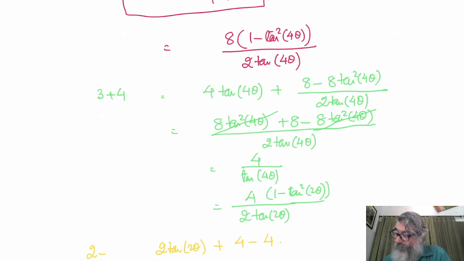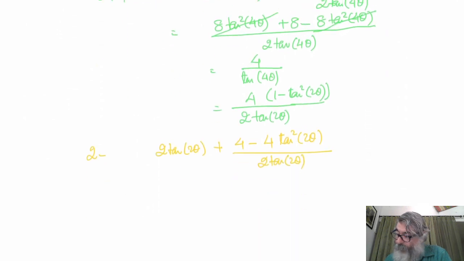When we take the LCM, it will become 4 tan square 2 theta plus 4 minus 4 tan square 2 theta upon 2 tan 2 theta.